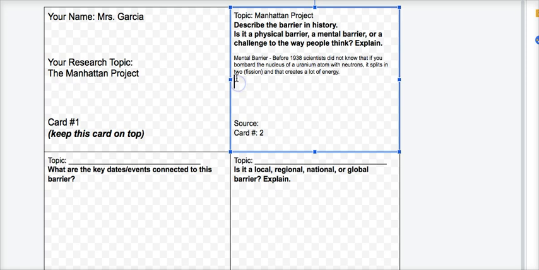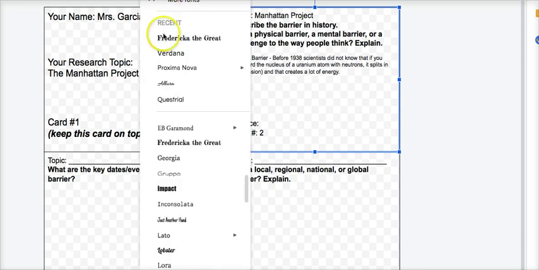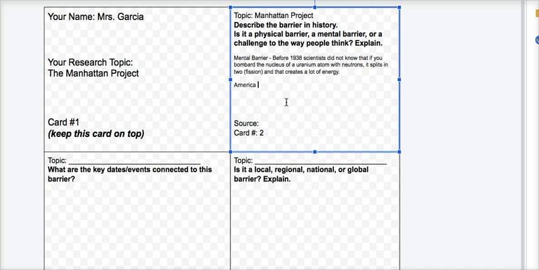I'm going to say America created the Manhattan Project to make sure we developed an atomic weapon before the Germans. Okay, so I have information from two different sources on this card.